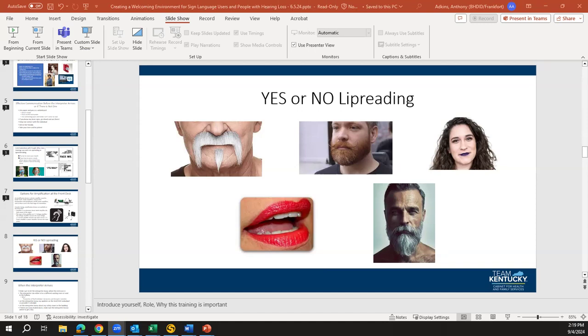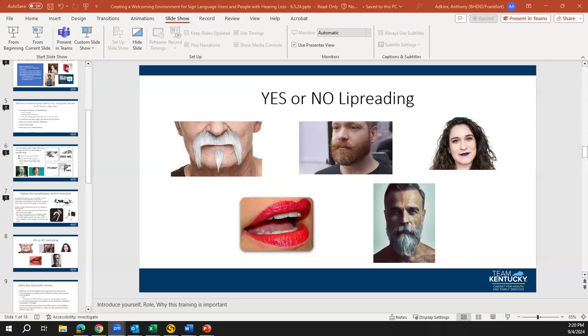Sometimes they can, sometimes they can't. So again, it relies on what the individual is able to lip read. If the person has a heavier mustache, it could interfere with more of the lip. So it really depends on the individual.